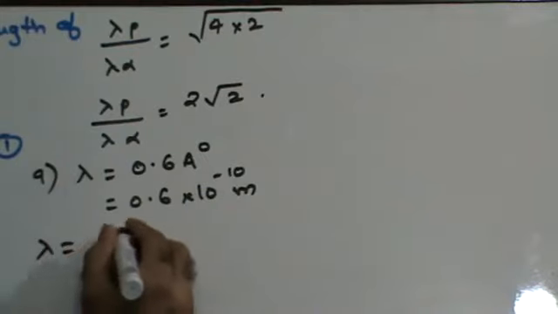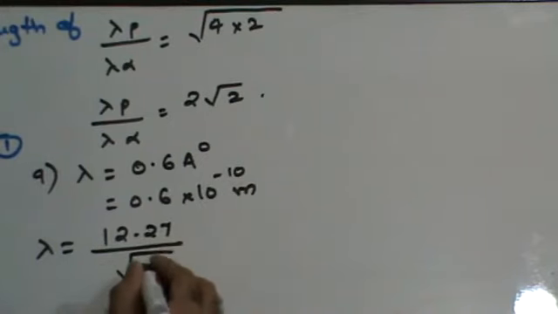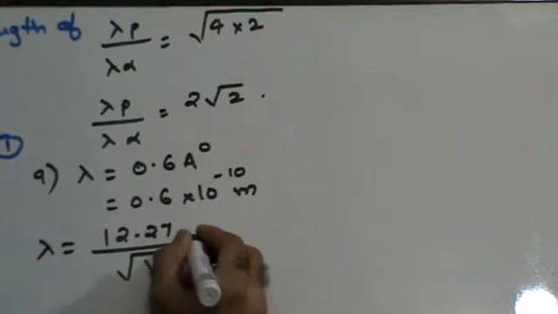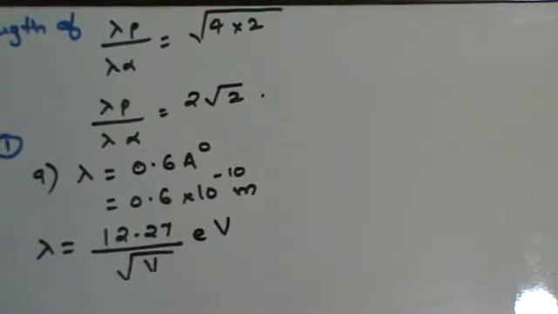Guys, de Broglie's wavelength is 12.27 upon square root of V, in electron volts, because this can be written as so many electron volts.